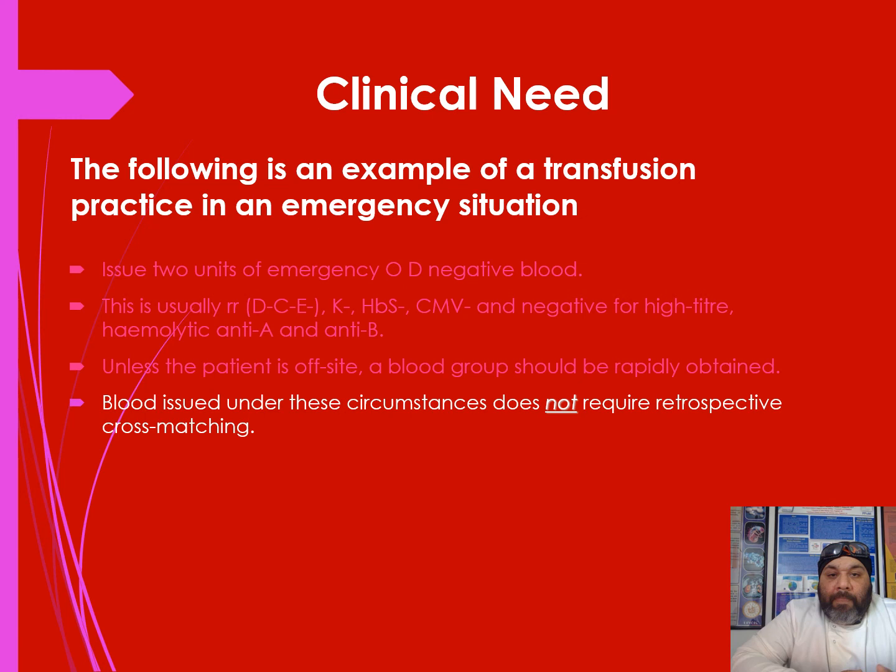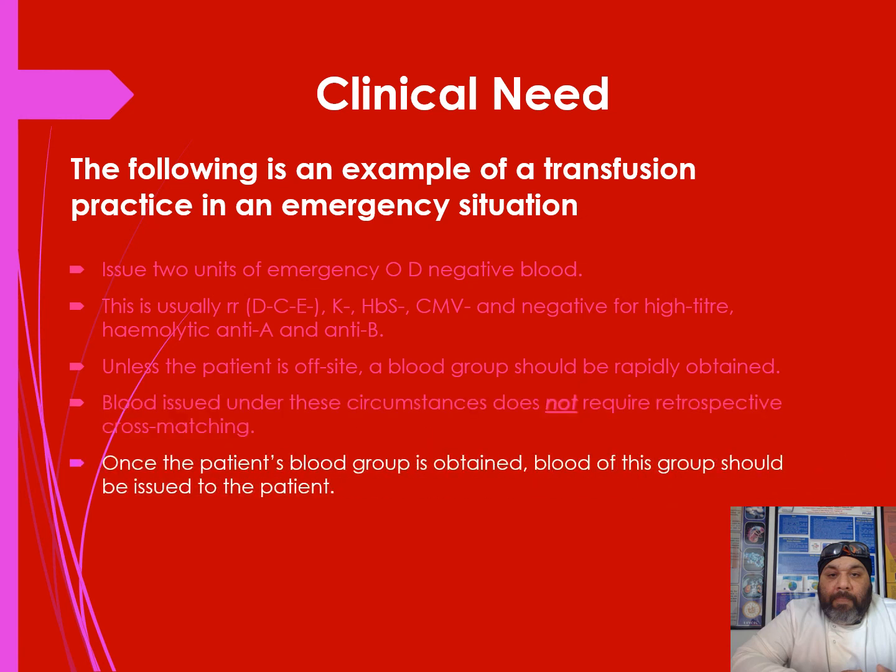Generally speaking, cross-matching at that point becomes semi-obsolete. Cross-matching becomes important, for example, if a patient again develops any particular antibodies or allo antibodies or auto antibodies, but also if they need a subsequent transfusion owing to a particular hematological condition. So once the patient's blood group is obtained, blood of this group should be issued to the patient, which is obvious.